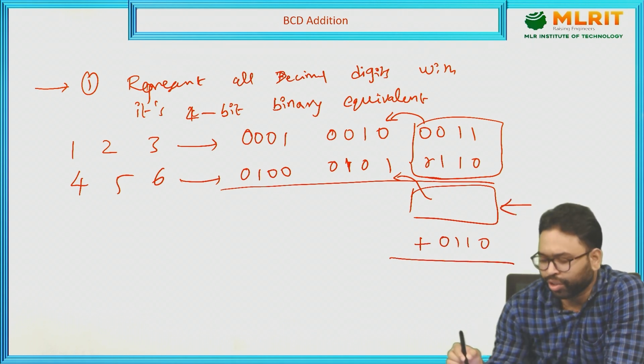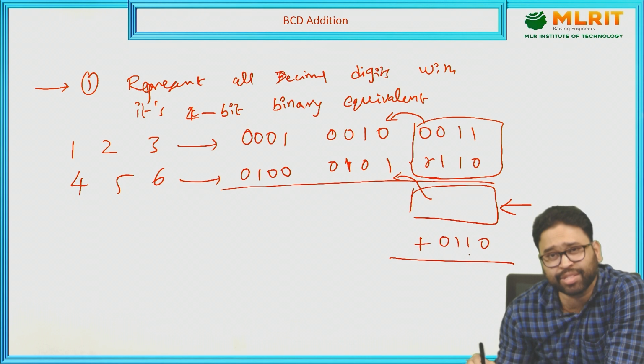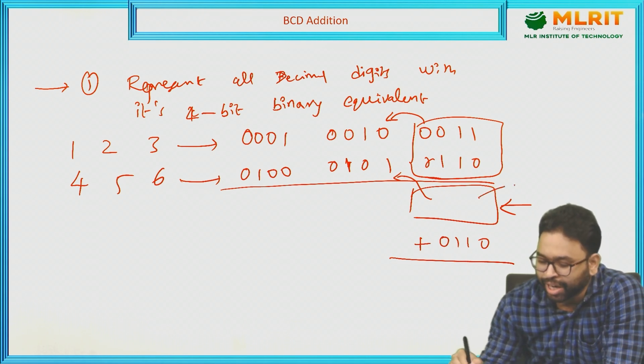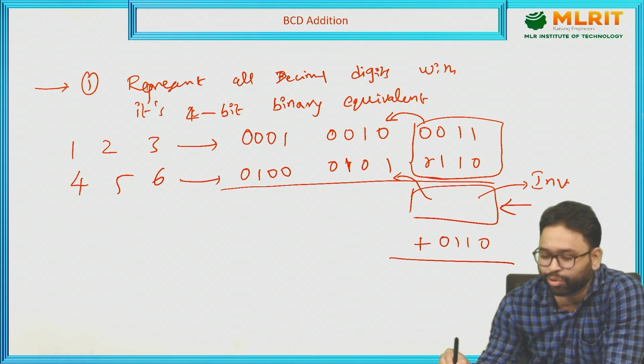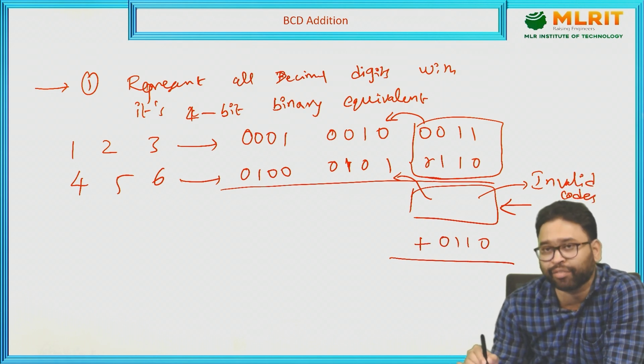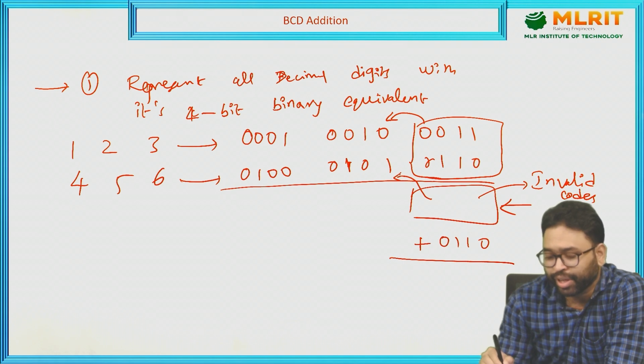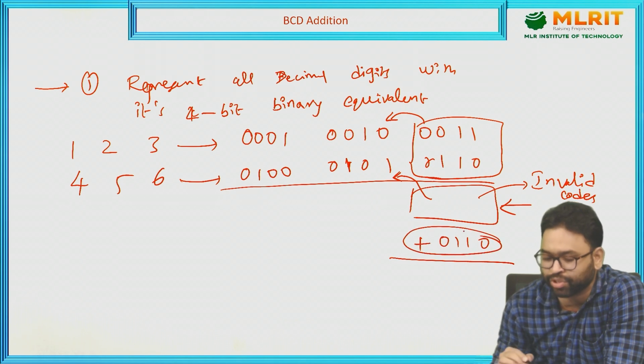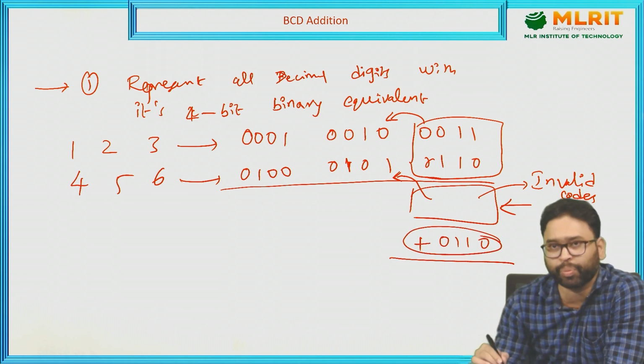Not only that, if this resultant sum is generating invalid codes, or if it is carrying an extra carry to the next group, in these two cases you are supposed to add 0110 to the respective group only.